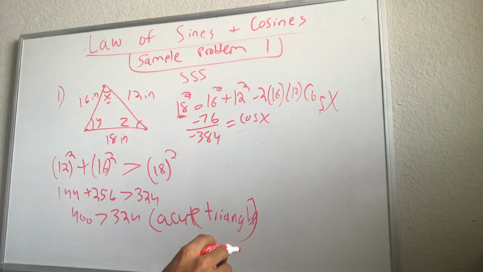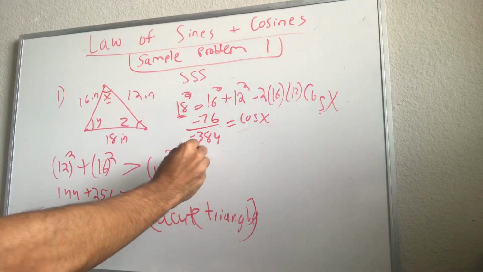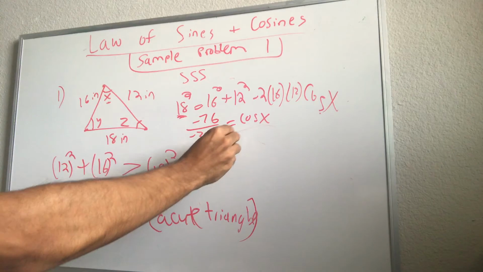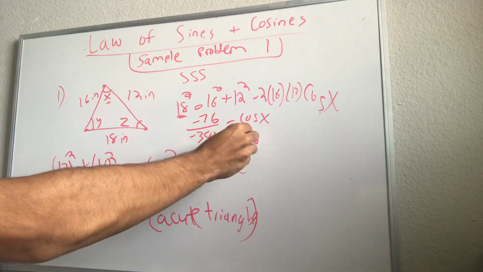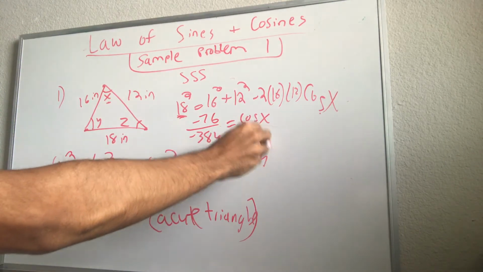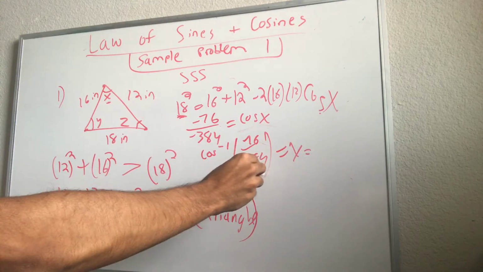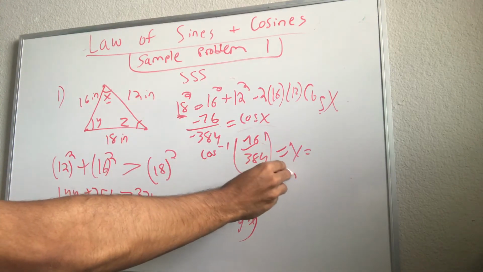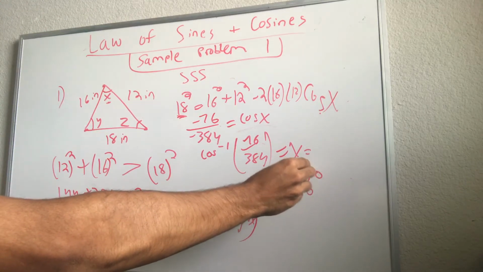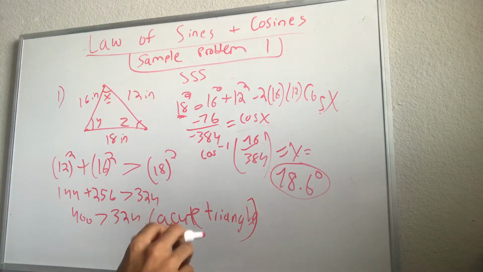If you want to put those in your calculator, you can, and then you take cosine inverse of 76 divided by 384, which is equal to x. And so x, in this case, is equal to 78.6 degrees.